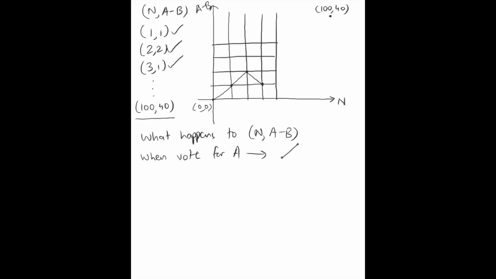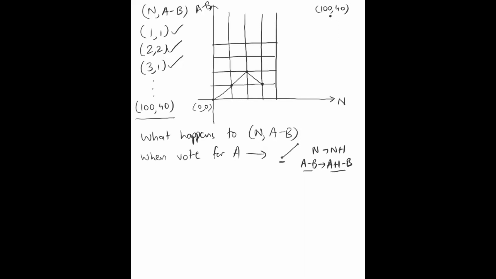You always go 1 unit to the right and 1 unit up. The reason is that whenever a vote is cast, N changes to N plus 1, so there is a move to the right. And A minus B becomes A plus 1 minus B, because now A has gotten another vote. So this also increases by 1, and that is why you get a step of this type.